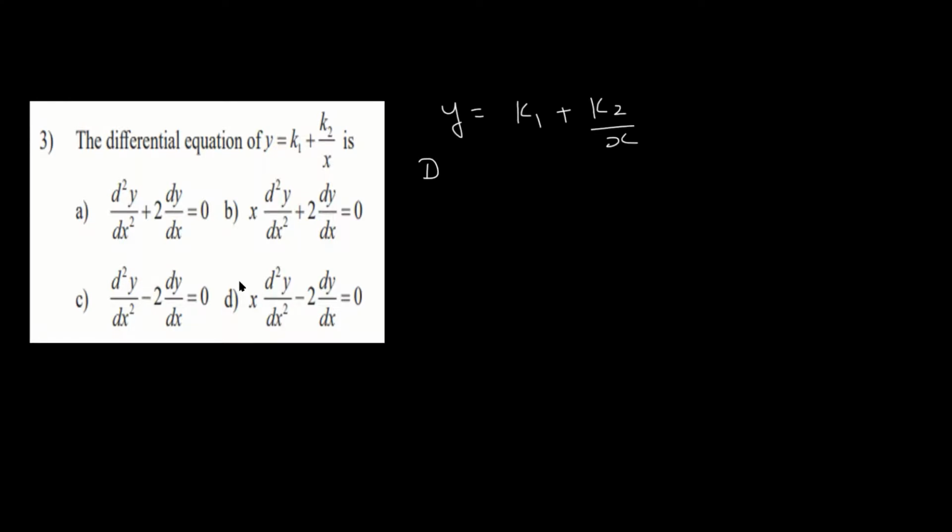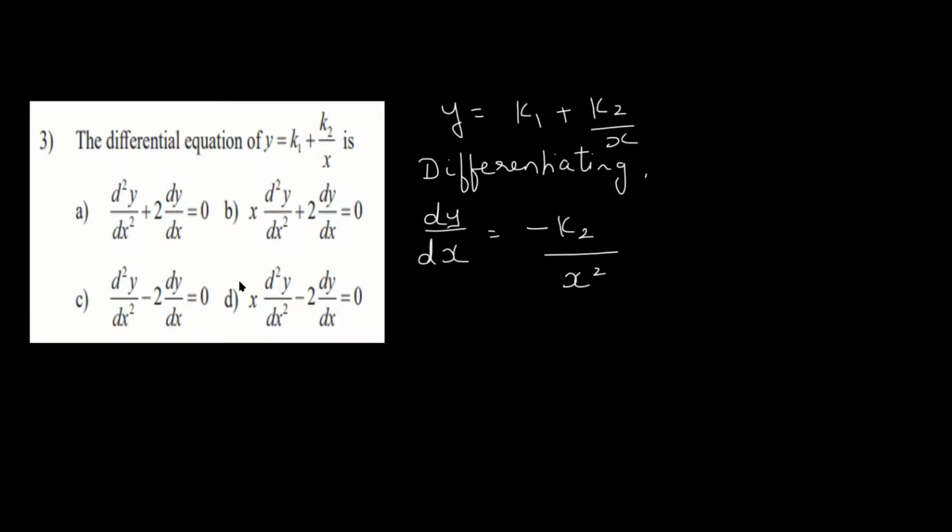Now we differentiate both the sides with respect to x, we get dy by dx on the LHS is equal to, k1 being a constant goes away, k2 into 1 upon x. Now we know that the differentiation of 1 upon x is minus 1 upon x square. So we get over here minus k2 upon x square.